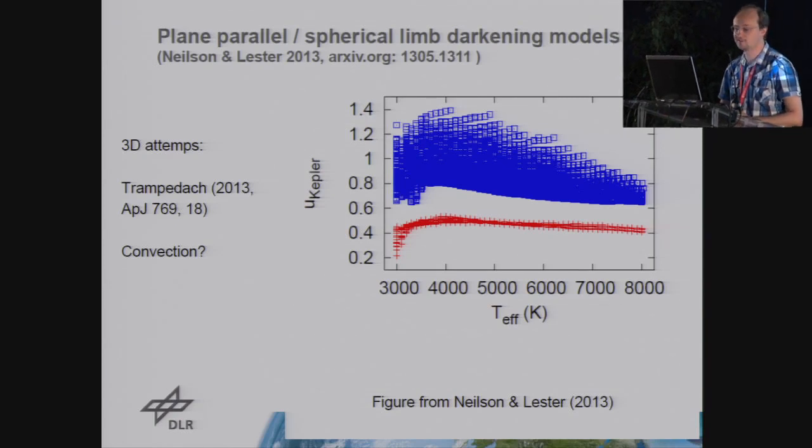Two or three years later, a three-dimensional stellar atmosphere model appeared by Nielsen and Lester, and they also changed the stellar geometry from plane parallel to spherical. You know, stars are not plane, like the plane Earth.